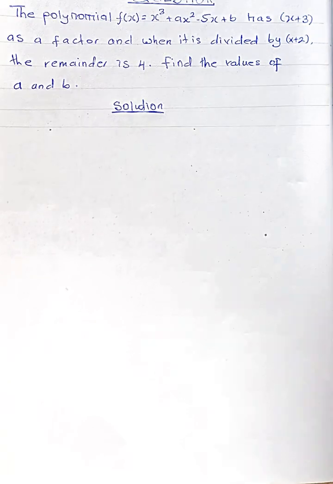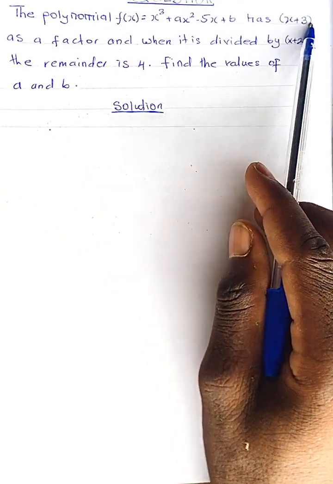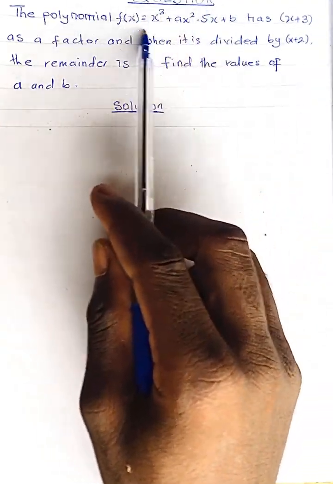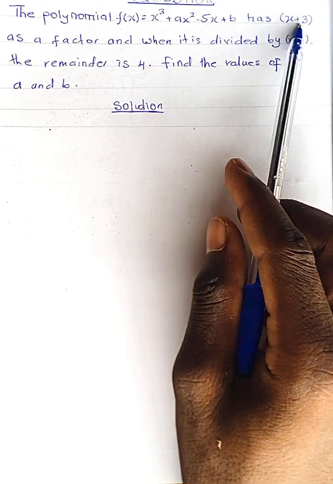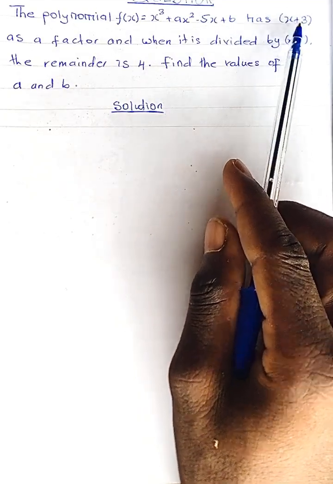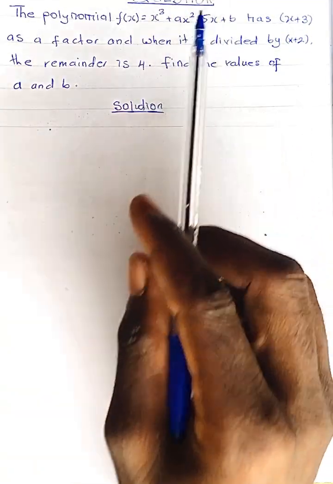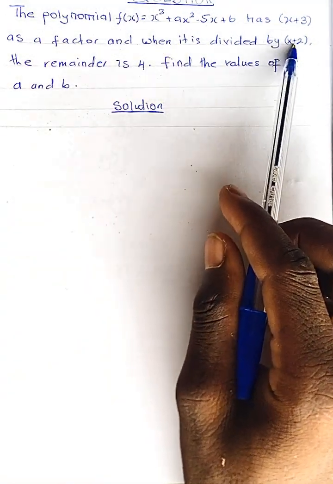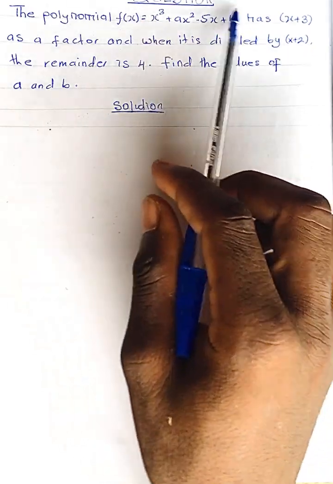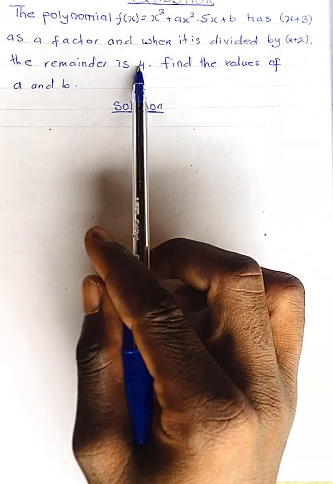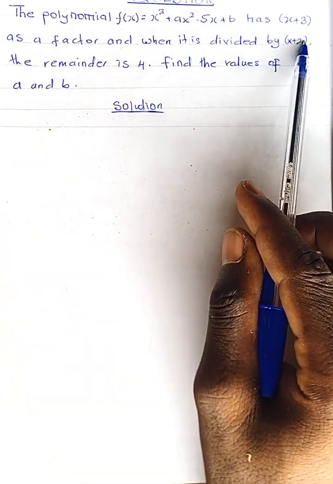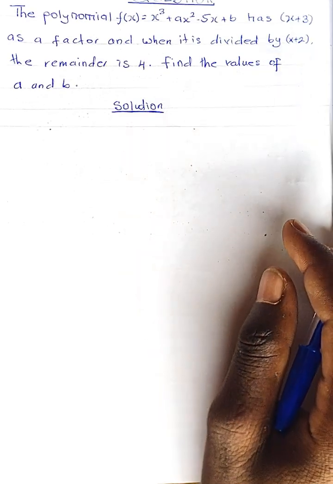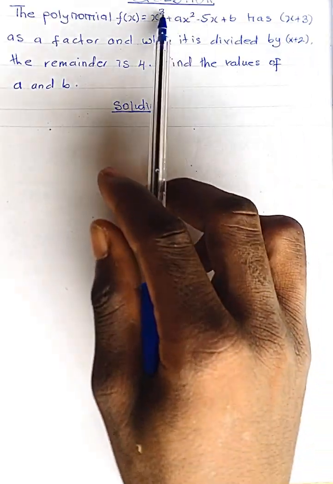So when they say s plus 3 is a factor of this function, it means that when the function is divided by s plus 3, the remainder will be 0. Since s plus 2 divides this function and leaves a remainder of 4, it means that s plus 2 is not an exact factor of this function.